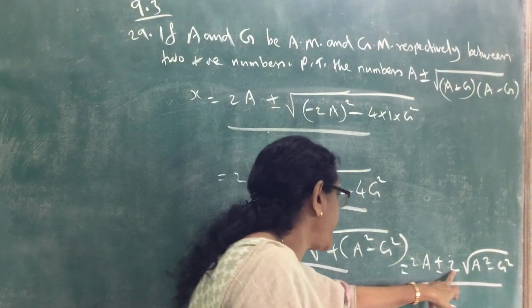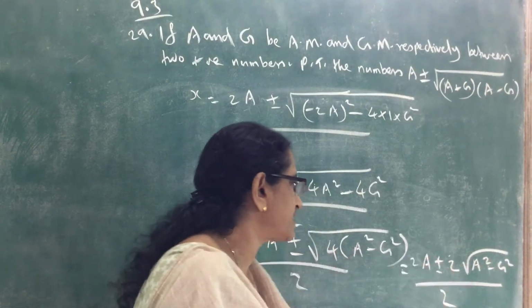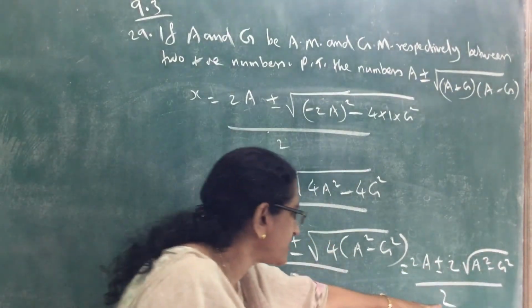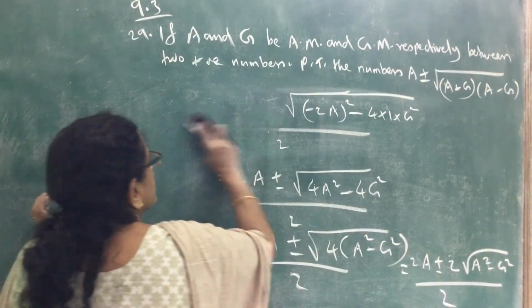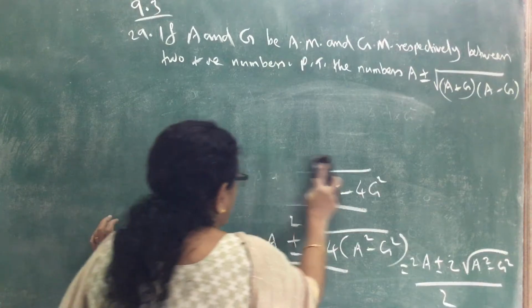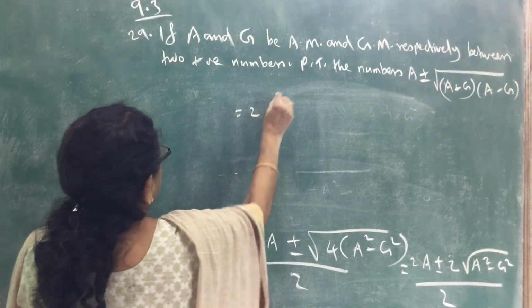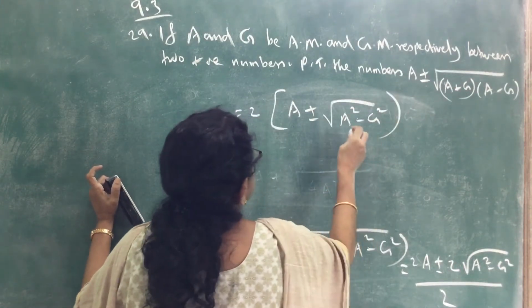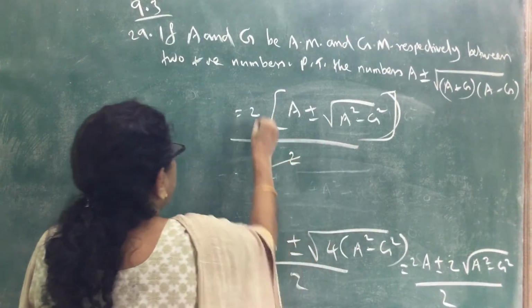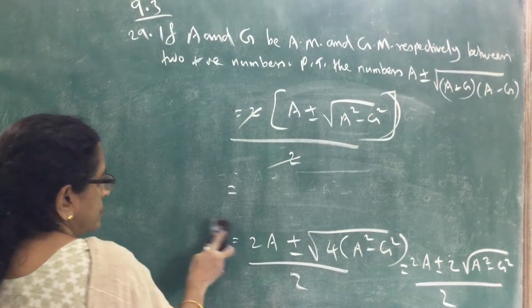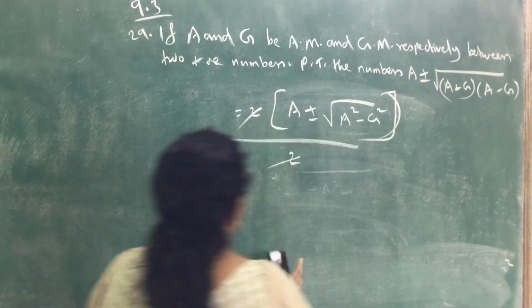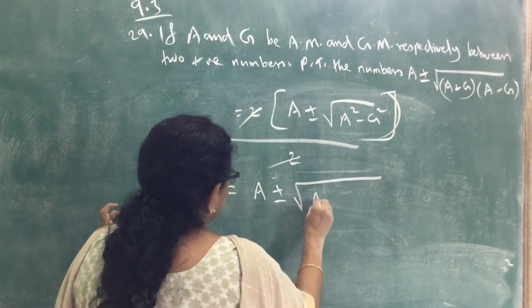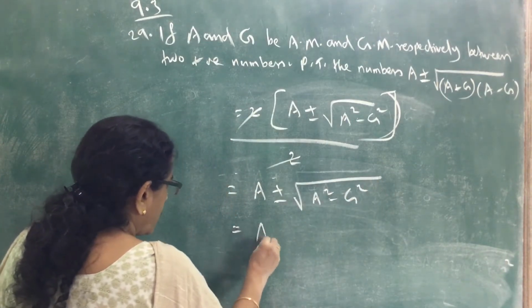Now we take 2 common from the numerator and cancel it with the denominator, so that is equal to A plus or minus root of A square minus G square.